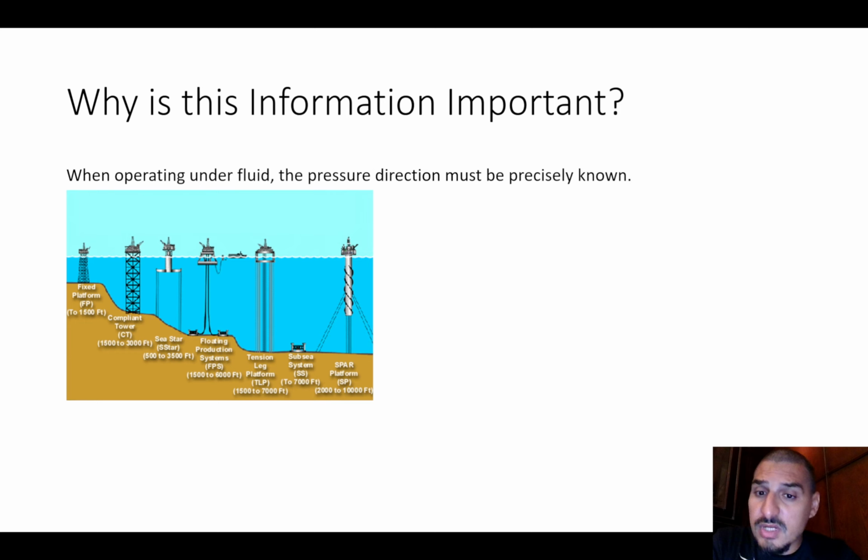So knowing that the pressure has no specific direction and affects the surfaces in all directions has a very important impact on designing the bases and supports of platforms that are operating under the surface of water, in oceans or seas, to extract crude oil and natural gas from the wells under the sea surface. So the design of these supports is very important.